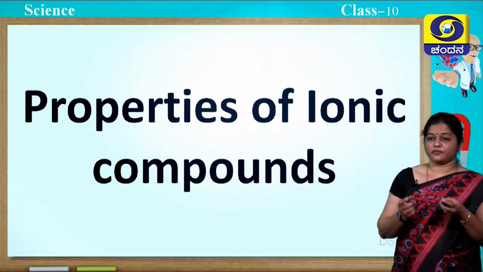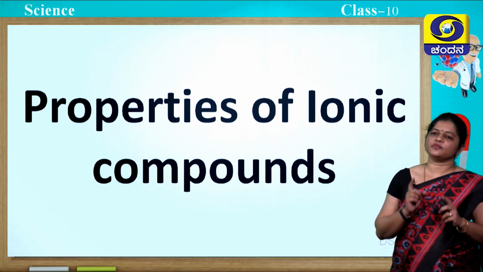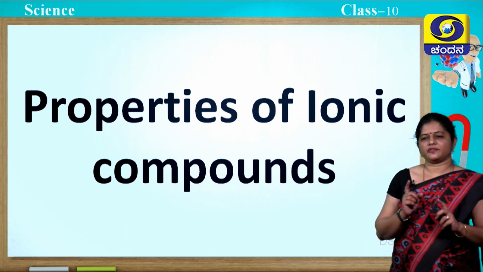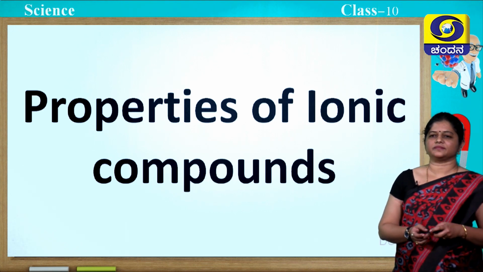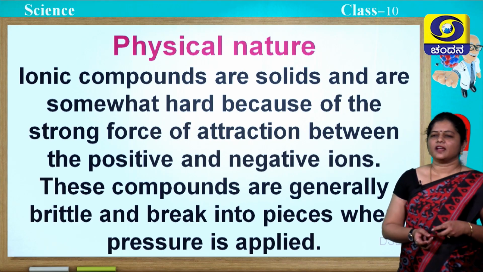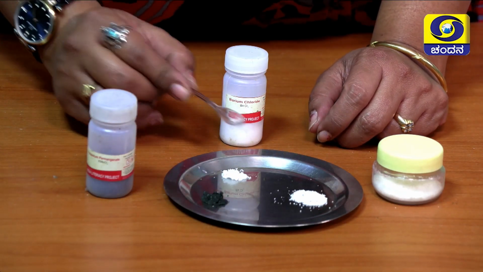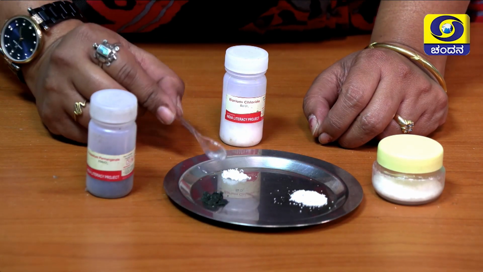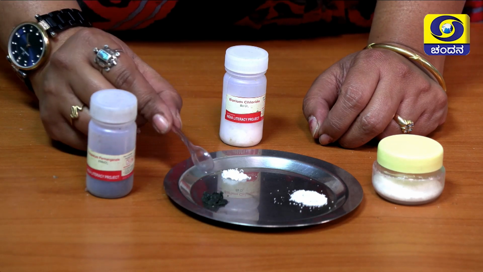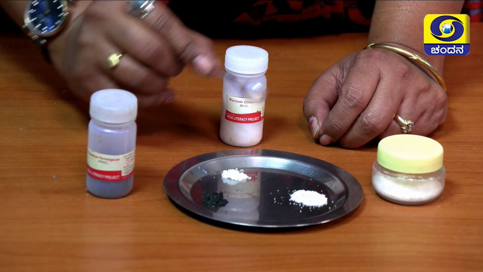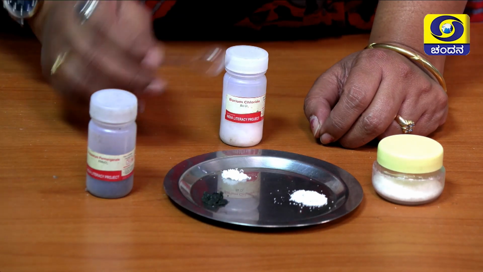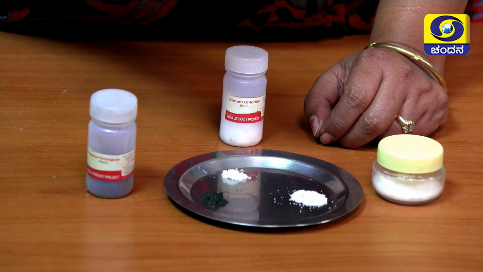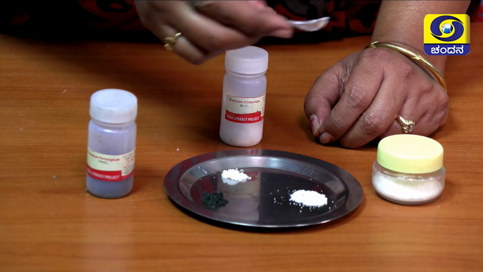Let us perform certain activities and find out whether the properties of ionic compounds that we discussed are true or not. I have taken 3 compounds here. This is sodium chloride, this is barium chloride, and this is potassium permanganate. All of you know that these are solids at room temperature, and I told you they are hard, but they are brittle.